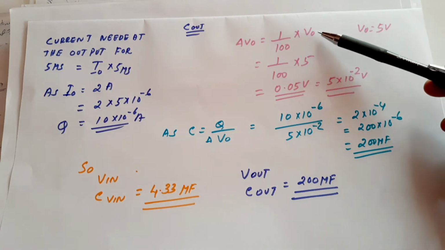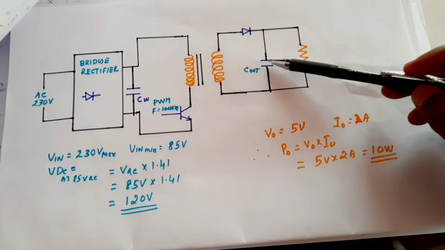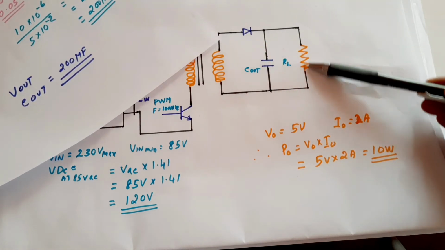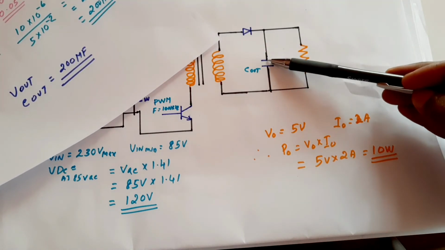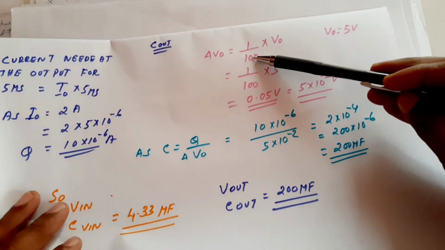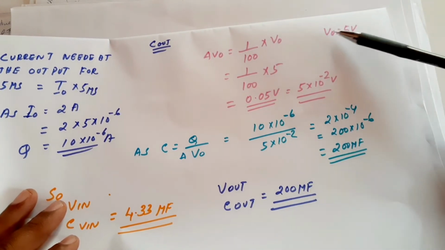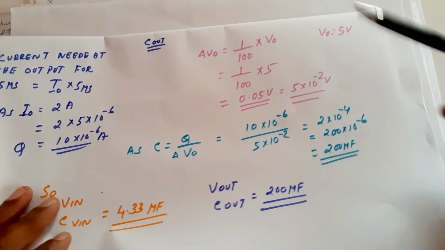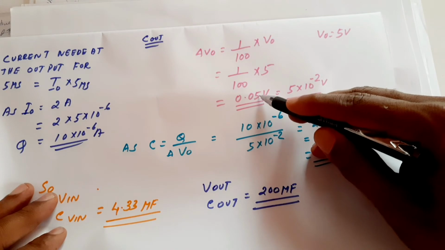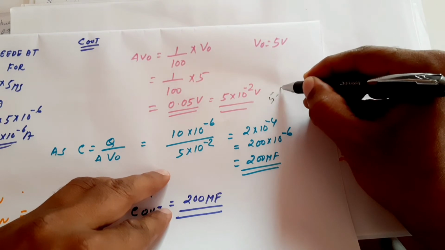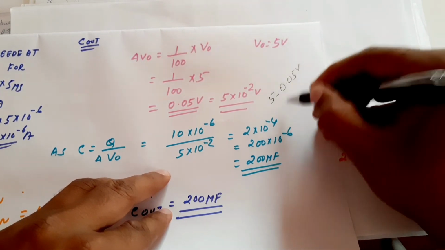And when 10 microampere of current is delivered to the output by the capacitor, if we want the voltage of the capacitor to change by only 1/100 of its maximum voltage of 5 volt, that means the voltage changes from 5 volt to 4.95 volt, 5 minus 0.05.